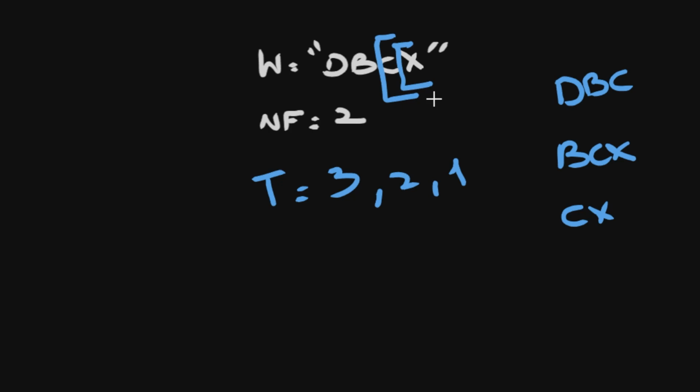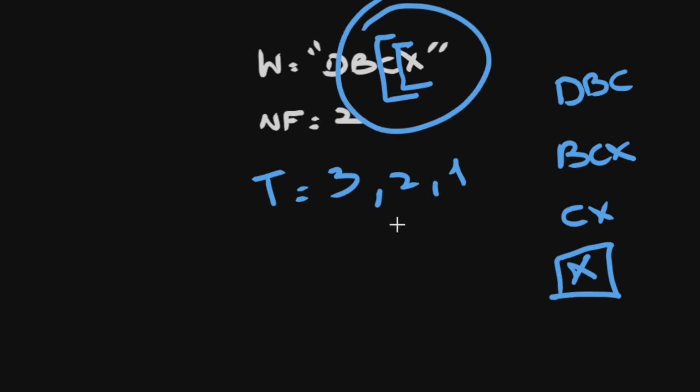So we add X to our unique splits, and now X is lexicographically larger than DBC because X is larger than D. So the final answer for this one is X, and this means that only for the end part we are considering anything below our target.